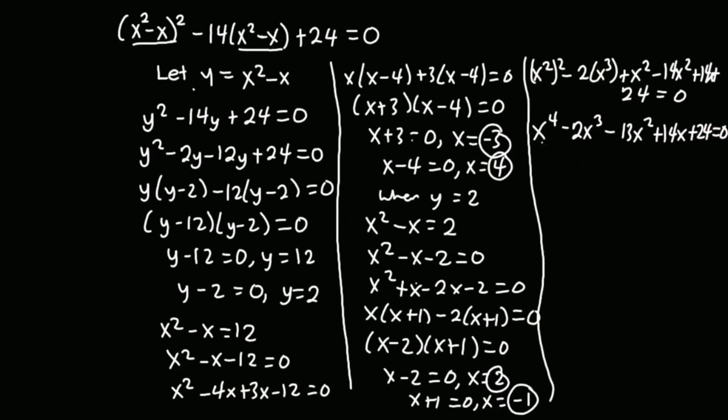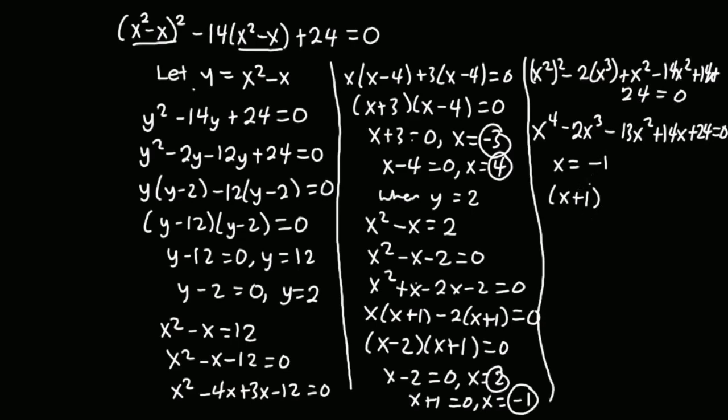Definitely we will get 4 values of x. So what we can do is find one factor of this entire equation. If x is equal to negative 1, we substitute negative 1 into this entire expression, and it will give us 0, meaning that x plus 1 is one of the factors of this equation.